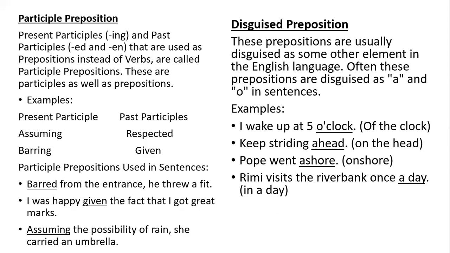On the shore they went, কিন্তু মাটিতে নেমেছে জাহাজ থেকে বা নৌকা থেকে। So you can see that in all the examples you cannot actually see any visible prepositions.